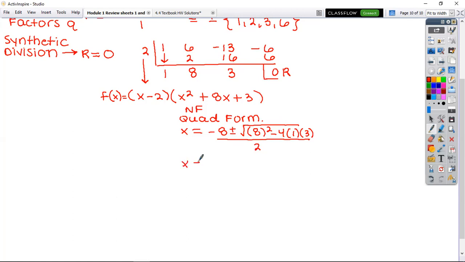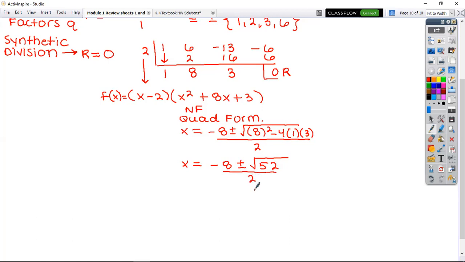So x is equal to -8 plus and minus. And I'm going to keep going on this. Does someone have that value underneath yours? 52, thank you. So I have 52 over 2. And now I'm going to continue.